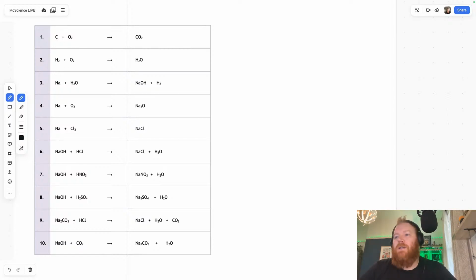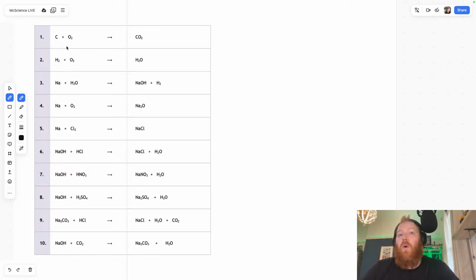So, when it comes to balancing equations, let's look at this first one. The actual compounds themselves cannot be changed, because if we change them and change the numbers found in them, what we have is a list of chemicals that aren't what we would want.